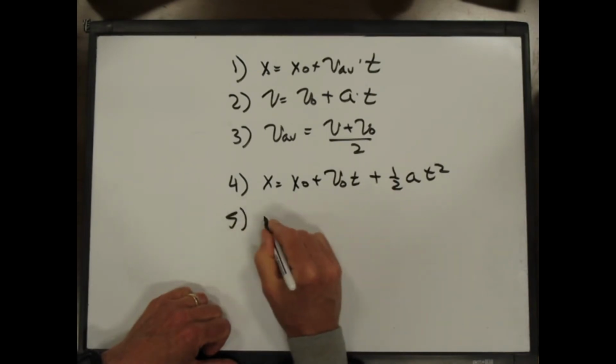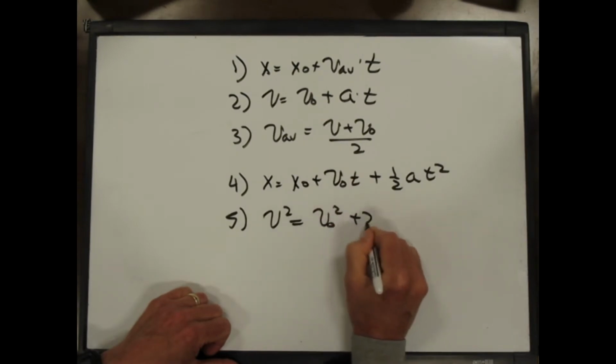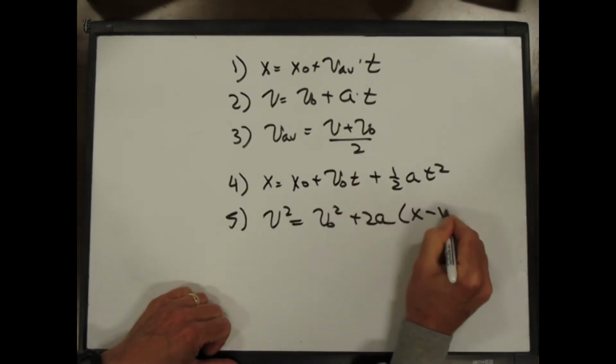And finally, v squared is equal to v naught squared plus 2a times x minus x naught.